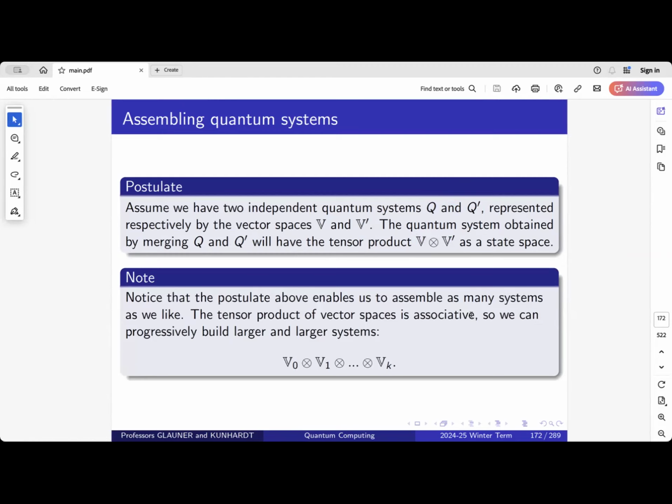You can do this for more than two systems and continue to build ever larger systems: vector space 0 and 1, then vector space 2, up to vector space k. And the tensor product is associative.